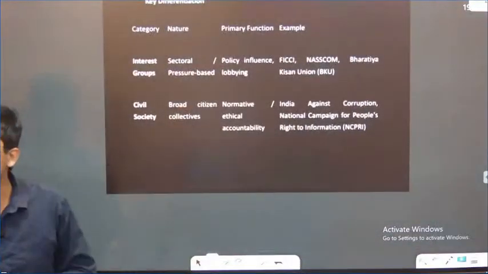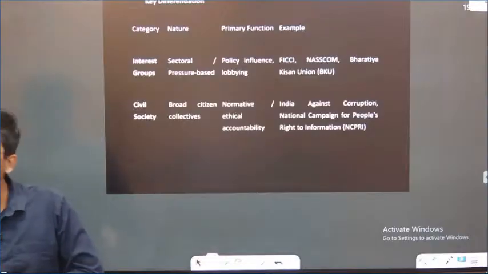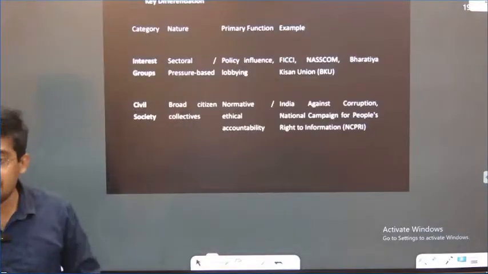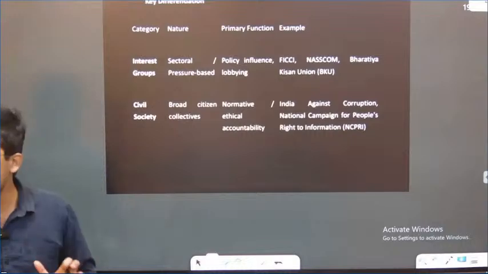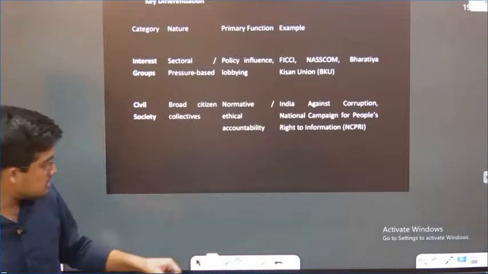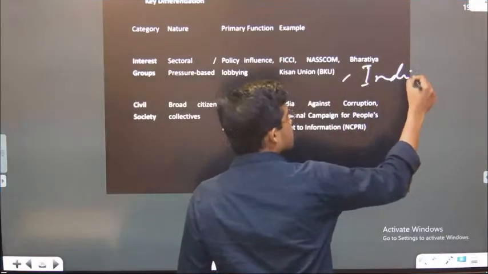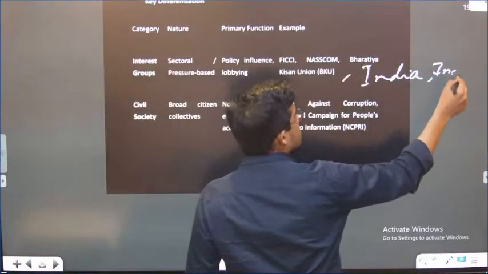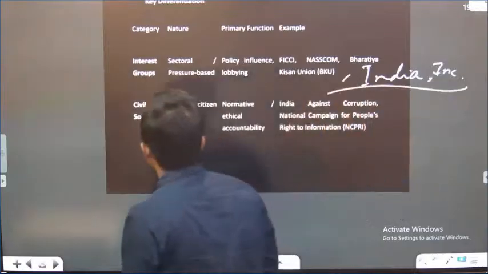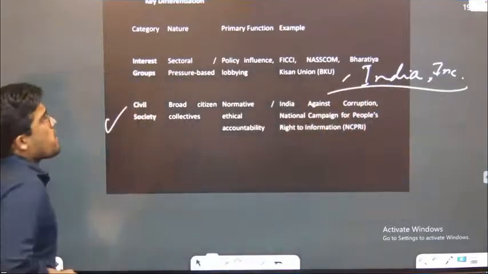BKU, Bharatiya Kisan Union. This is an interest group of farmers. FICCI is there. FICCI is Indian industrialists. There is also something called India Inc. These are interest groups.